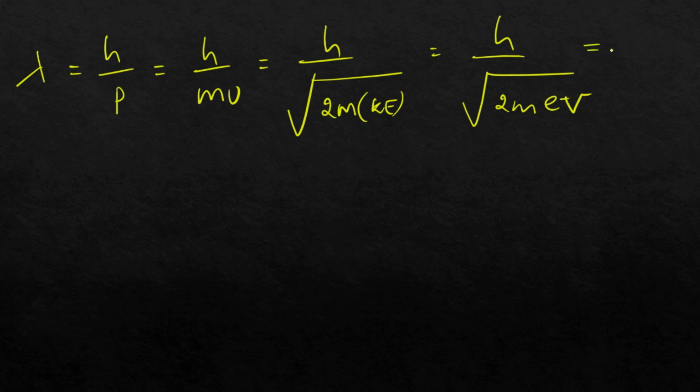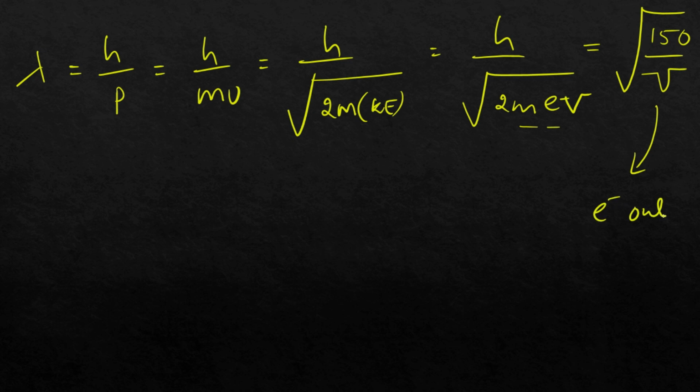And particularly for electron, square root of 150 by V. After applying the mass of electron and charge of electron, you will get particularly square root of 150 by V. This is for electron only. Why? Because we are applying the mass of electron and charge of electron. After substituting all the values, we are getting the square root of 150 by V.